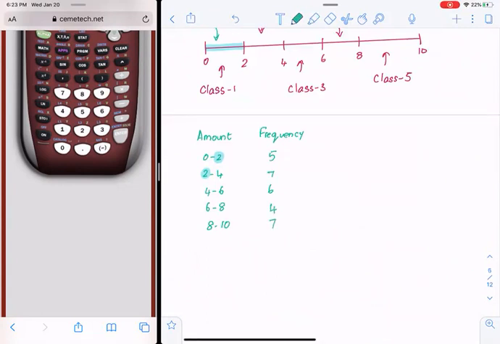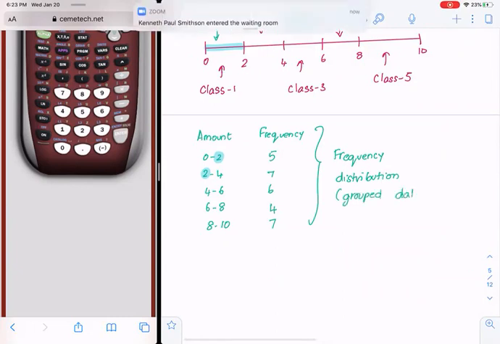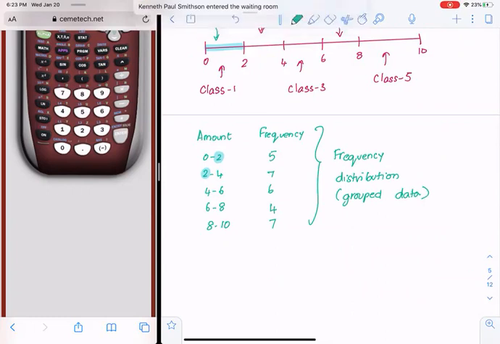So what we have created is simply a frequency distribution. We have seen this before with qualitative data. And that's what we call grouped data as well.